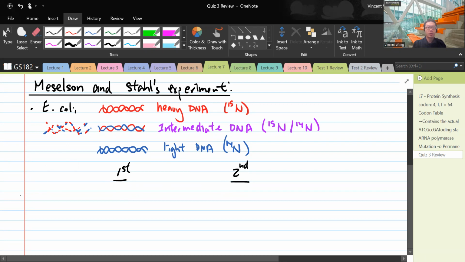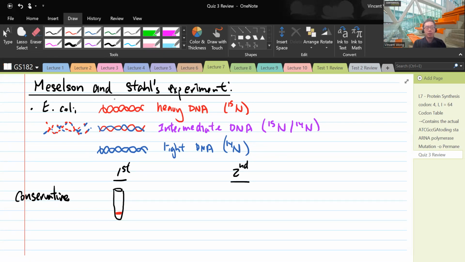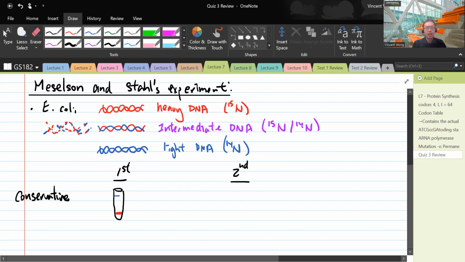Like what if it follows the conservative model? Okay, conservative model, if you extract DNA after one generation, you would have a heavy band, which represents the original DNA. And then the entire new copy would be using light DNA.